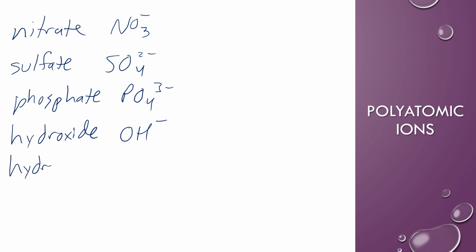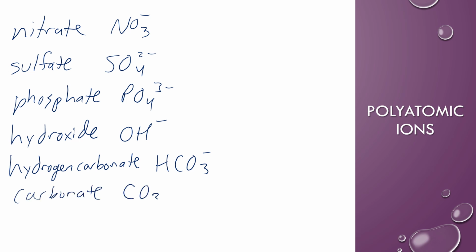Hydrogen carbonate, which is in baking soda among other things, is HCO3 with a -1 charge overall. Carbonate, so just without the hydrogen, is CO3 with a 2 negative charge overall. And then the only positive one on this list is ammonium, which is NH4 with a +1 charge overall. So these are the 7 that you should commit to memory.